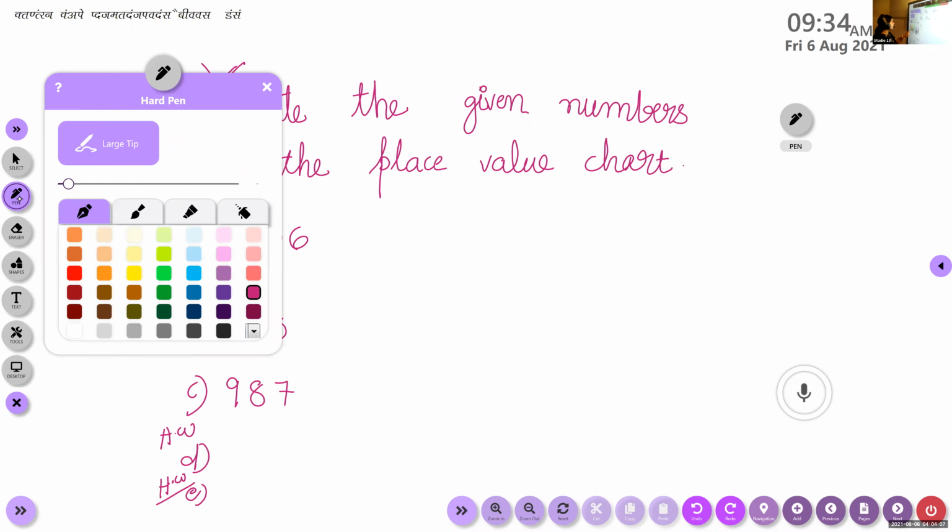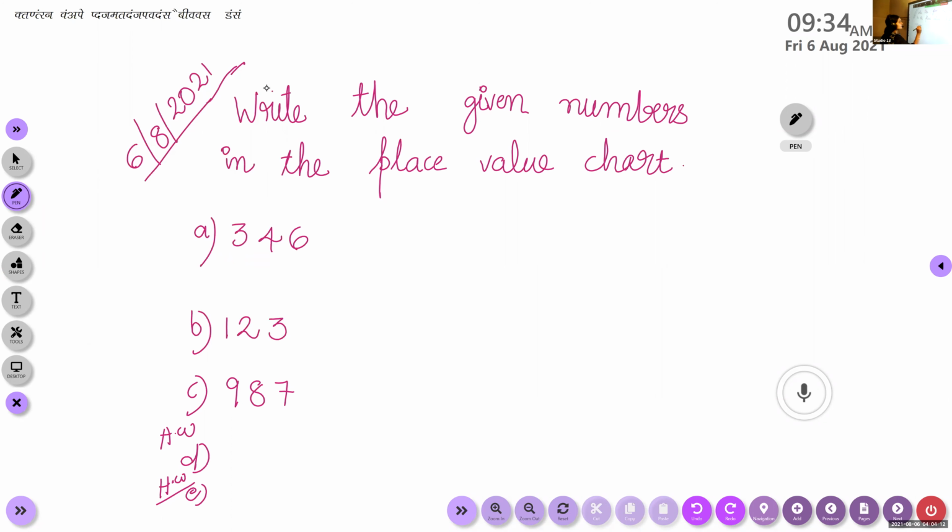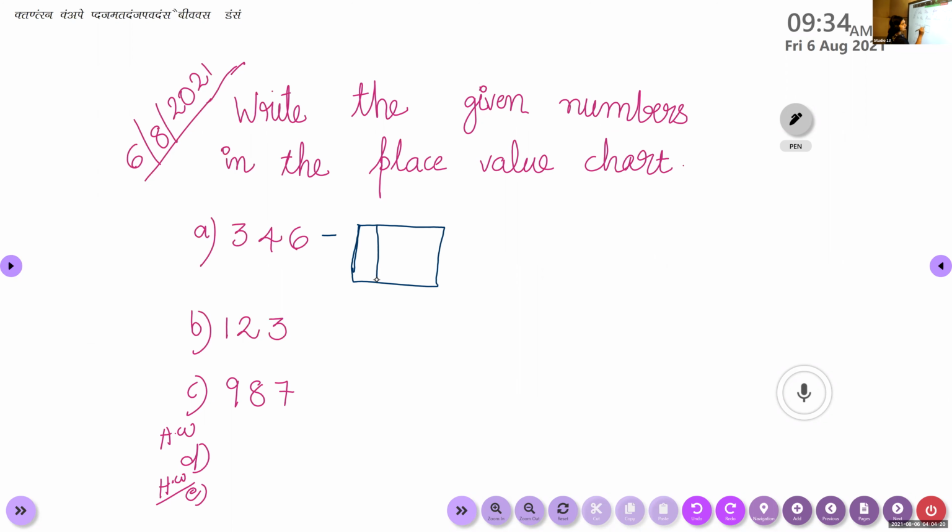You have to write the table and you have to represent the number like this. Ma'am, I finished. Okay, those who finished, please wait for others to complete.